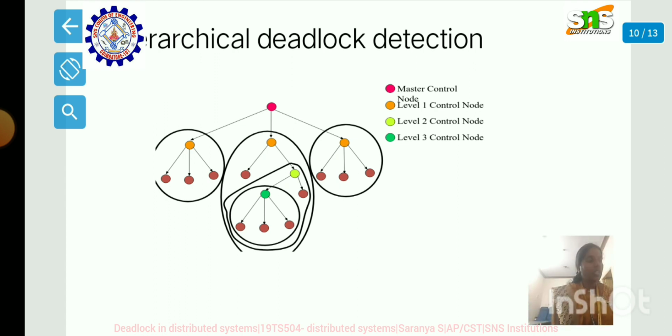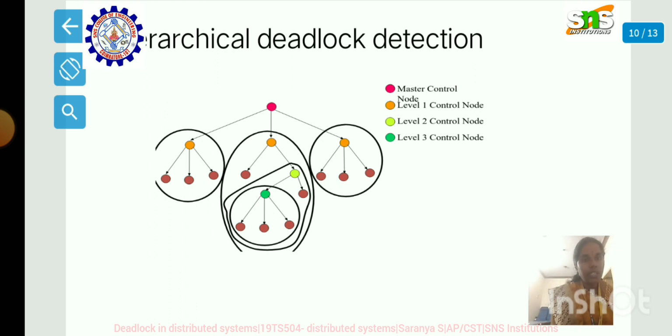The communication cost is lowered. The nodes are organized and arranged in a tree pattern.